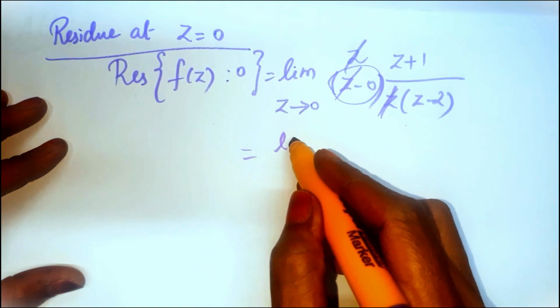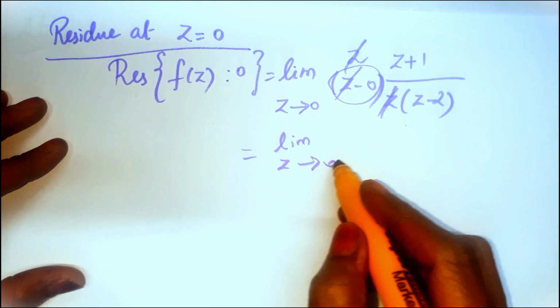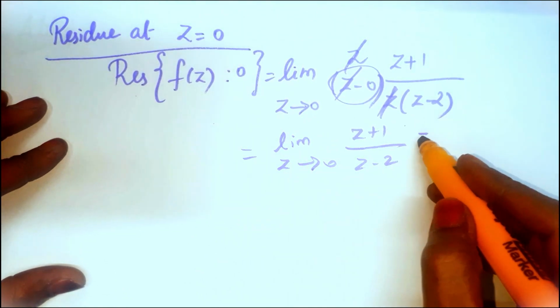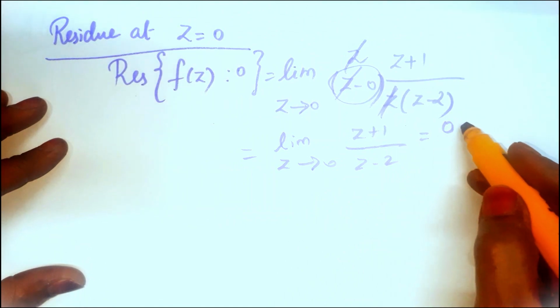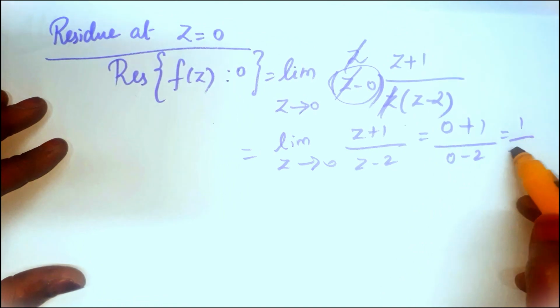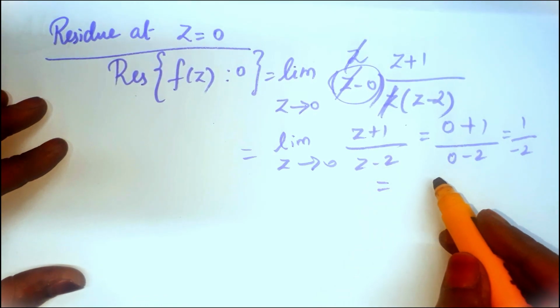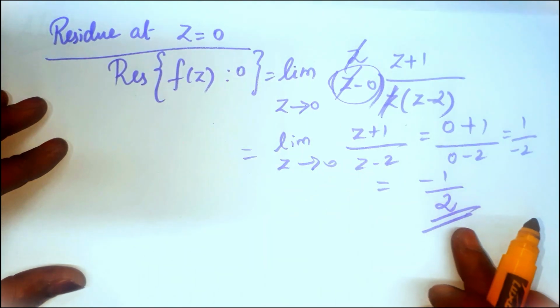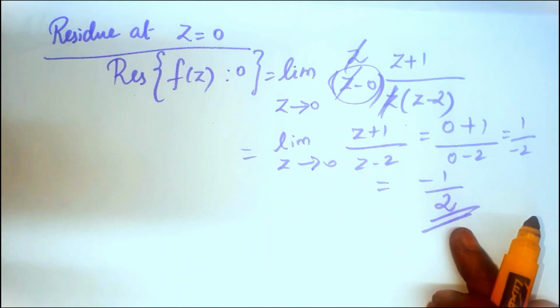After that we have limit z tends to 0, z plus 1 by z minus 2. Now we apply z as 0. So 0 plus 1 by 0 minus 2, which is 1 by minus 2, finally minus 1 by 2. So residue of f of z at the point 0 is minus 1 by 2.